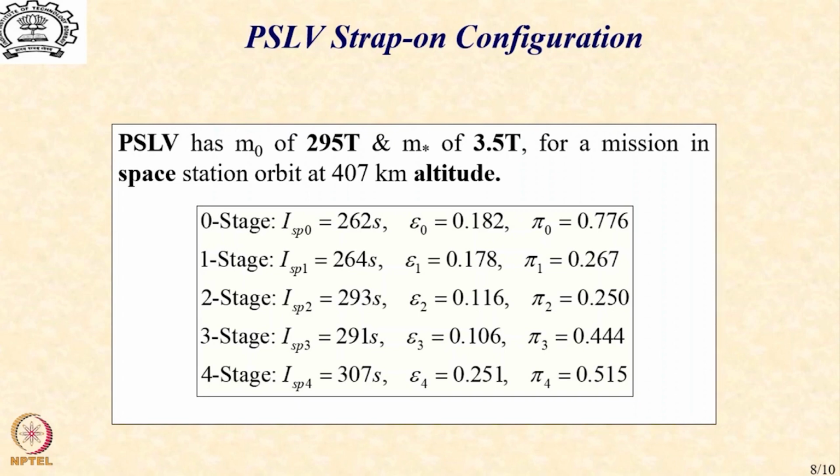So there are structural ratios and there are payload ratios. I would like you to note that the structural ratio of the 0th stage and the first stage is nearly the same.